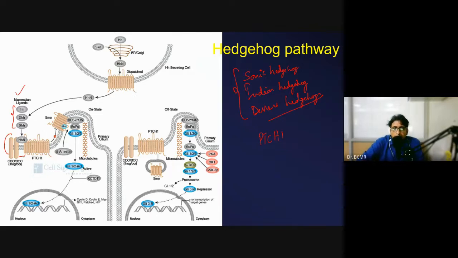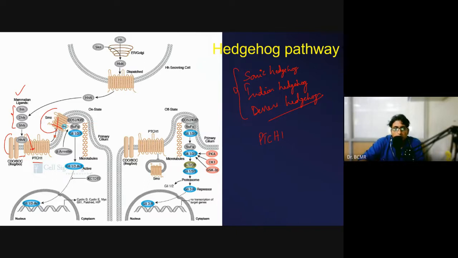Patched normally has a function. It has another interaction with a protein called Smoothened. This Smoothened is inhibited by Patched, right? If there is interaction between hedgehog and Patched, then it inhibits Patched, because of which Smoothened is active.